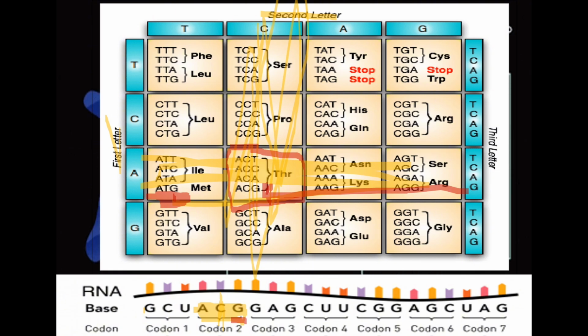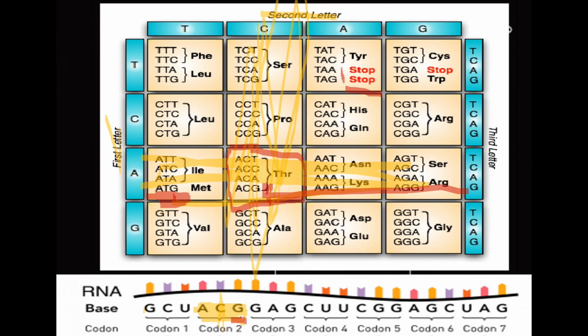And we have 3 stop codons, TAA, TAG, or TGA. Because it's mRNA, it's UAA, UAG, UGA. When the translation reaches one of those 3, it will stop translating that mRNA. So this is the stop codon, the sign that you have to stop here.